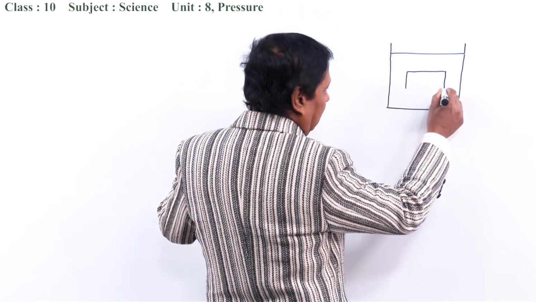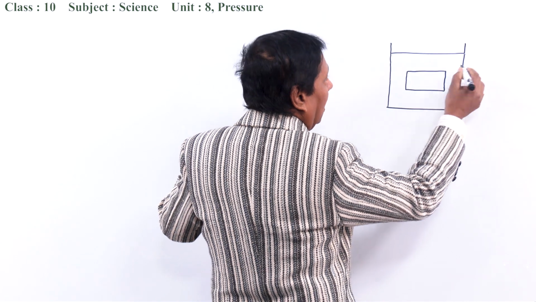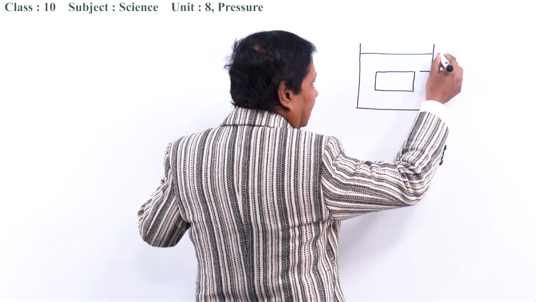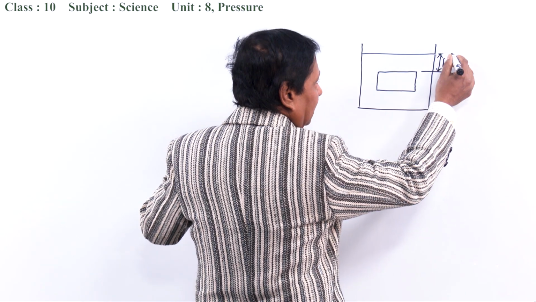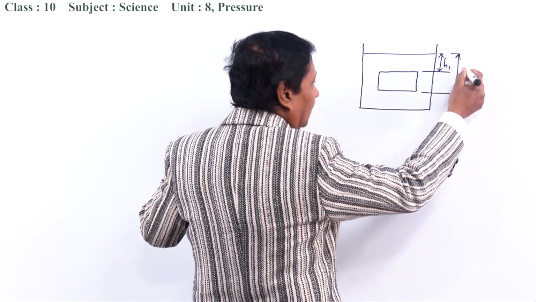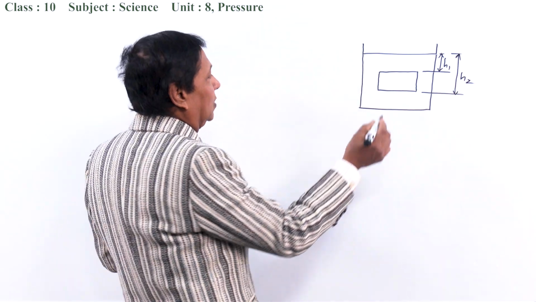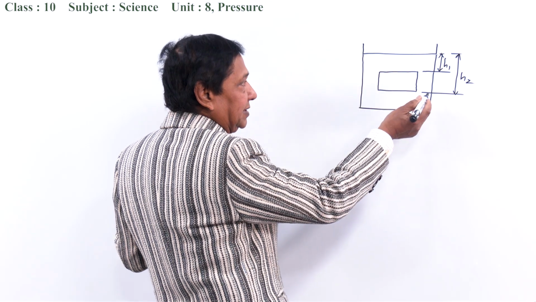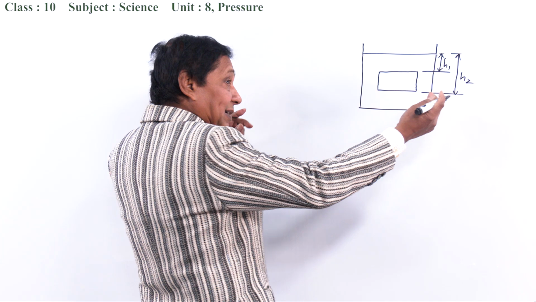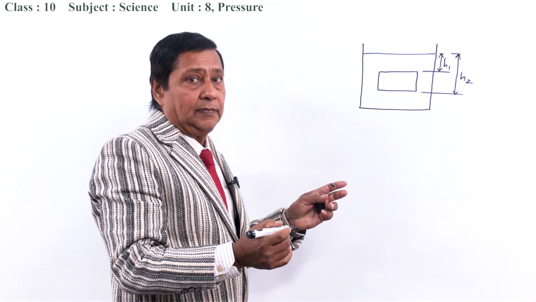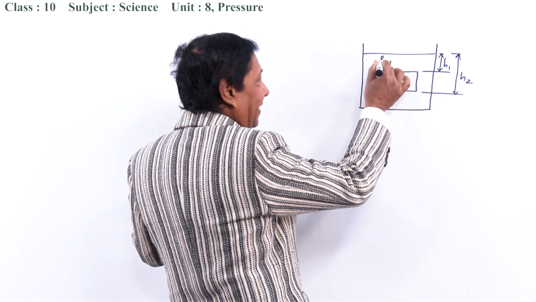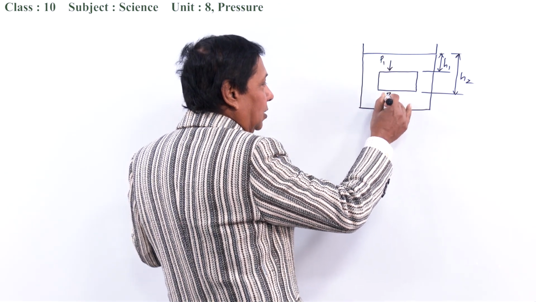Let's say the depth of the liquid up to the upper surface of the body is S1, and the depth of the liquid up to the lower surface of the body is S2. We know that pressure is acting through all the sides, but the pressure and force acting from all other sides cancel each other, but the pressure acting on this surface is less than the pressure acting on this surface.